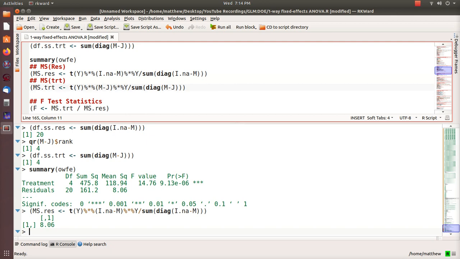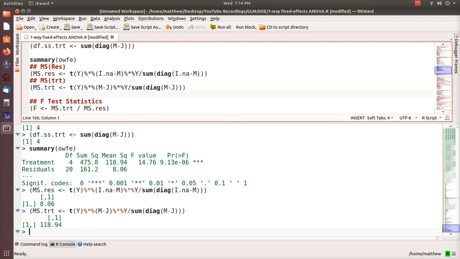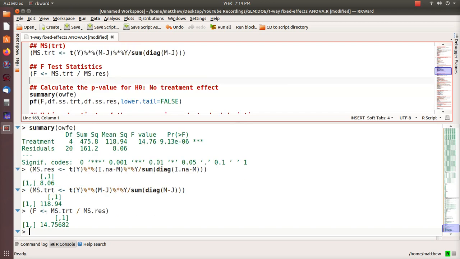Now mean squared treatment is the sum of squares treatment divided by its degrees of freedom. We get 118.94, same as the ANOVA table. Now the test statistic is the ratio of these two mean squares, which is what we get here. And so we get 14.76, yep.